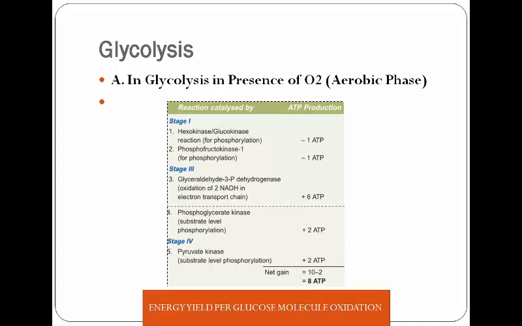The total is 8 ATP, and in stage 4, 2 ATP are formed. As 2 ATP are consumed in the first stage, the net gain of ATP is 8.